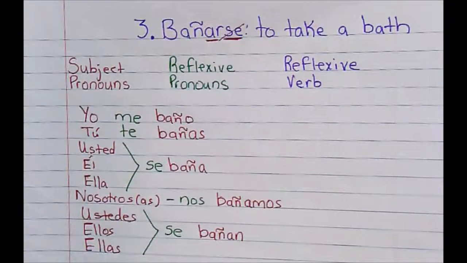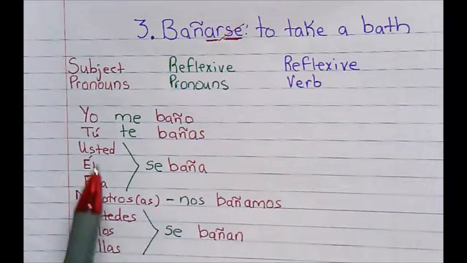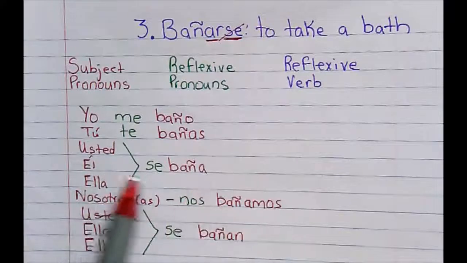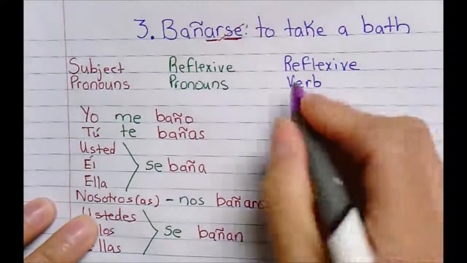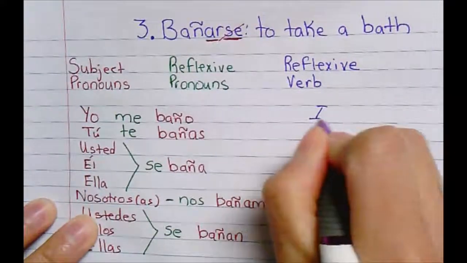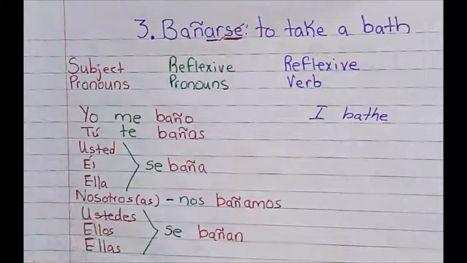And what does it translate to? I bathe, you bathe polite, he bathes, she bathes, we bathe, you all bathe, they bathe. Okay? So our translation: I bathe, and so on.